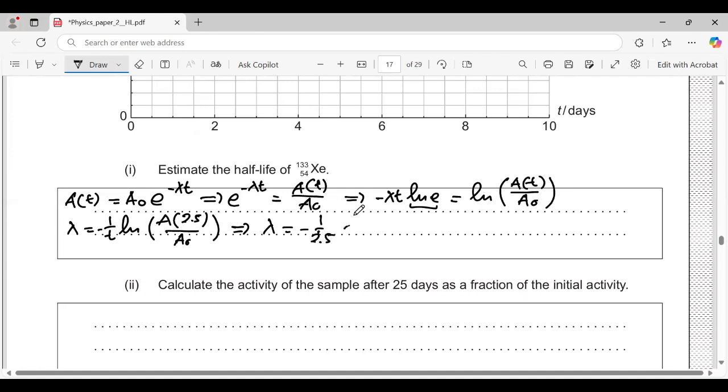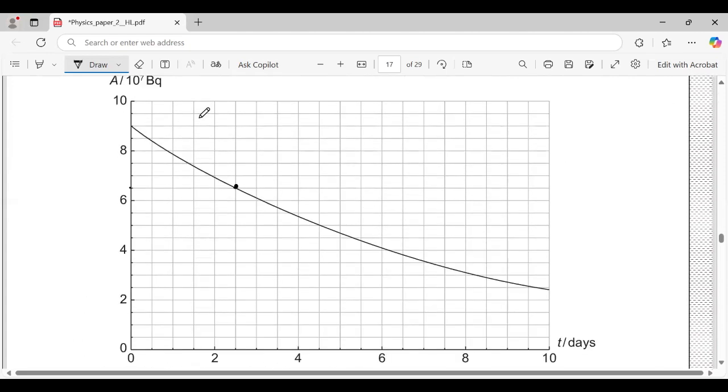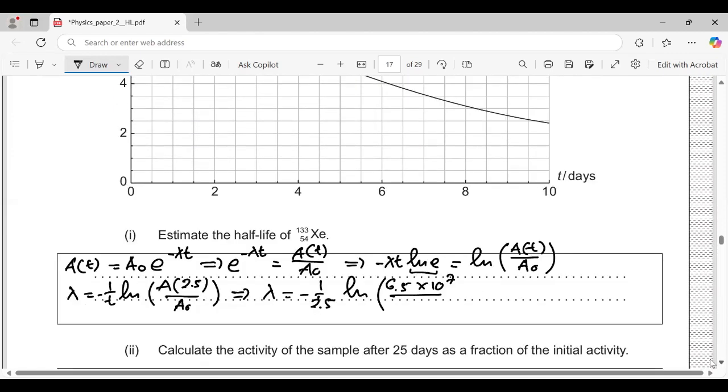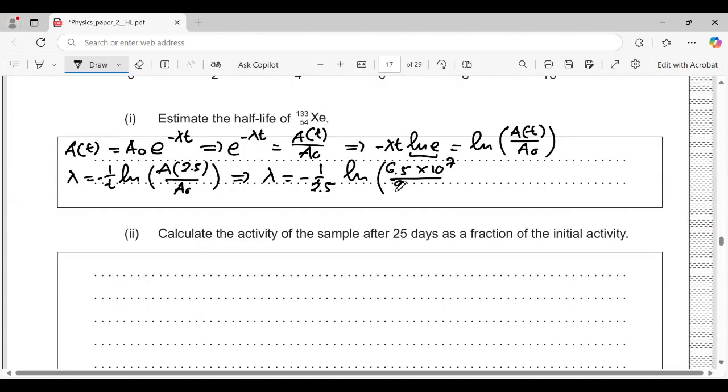So A is 6.5 times 10 to the power 7, and A0 is the initial activity. This is 9 times 10 to the power 7. So it's going to be lambda equals minus 1 over 2.5 times ln of that ratio.